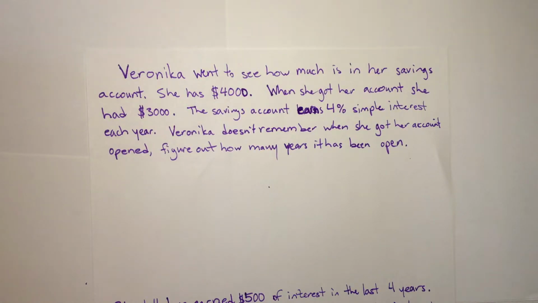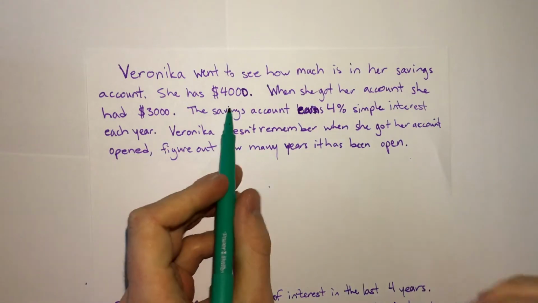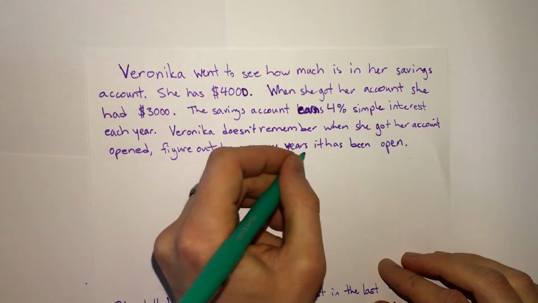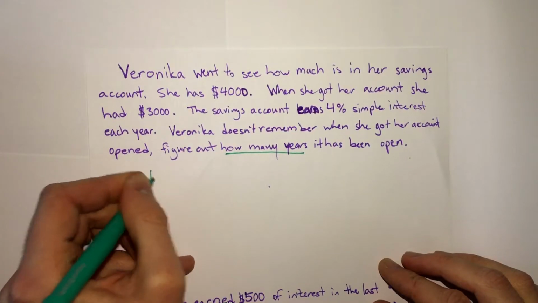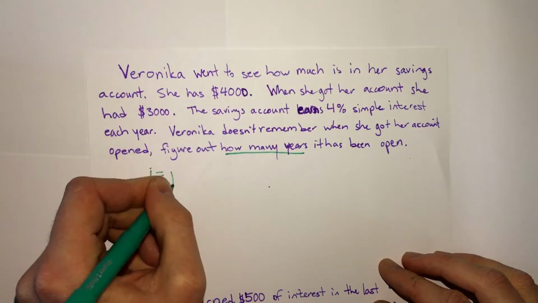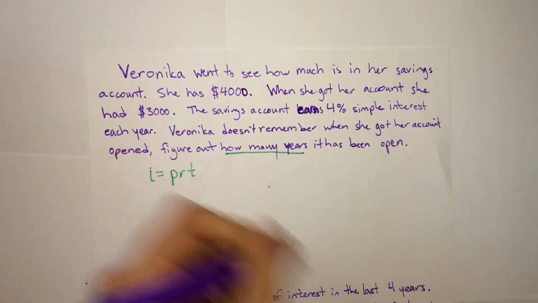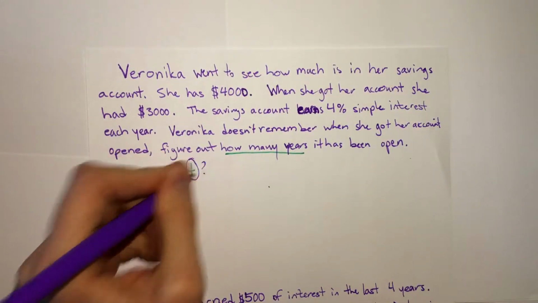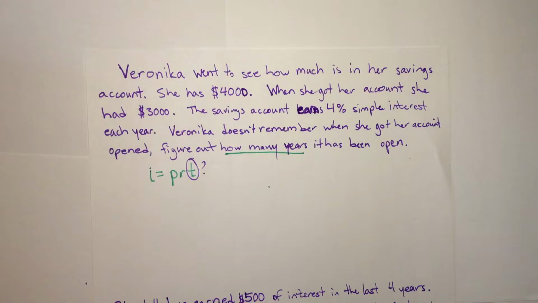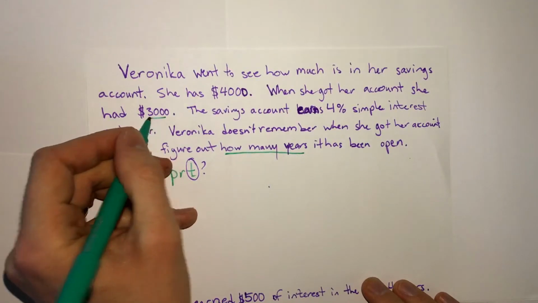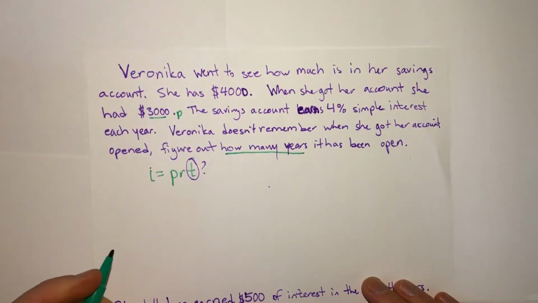So this is a little different because we already know how much money she has, but we need to figure out how many years. So our formula I equals PRT, T is our question mark. We don't know how much time has passed. But let's figure out the rest. Our P was $3,000.